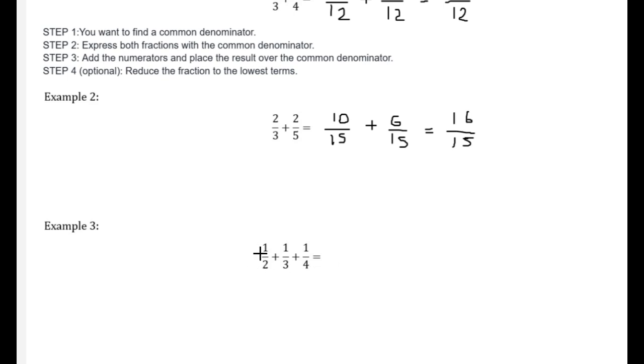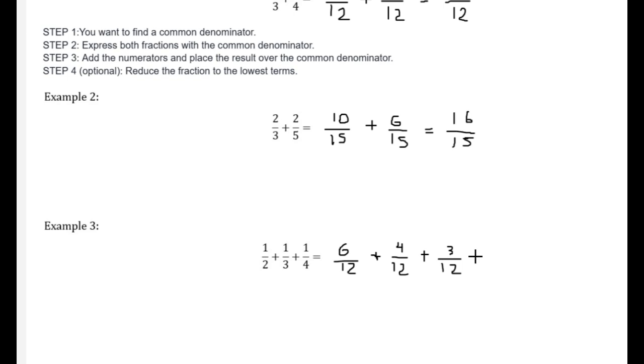So 1/2 becomes 6 over 12, 1/3 becomes 4/12ths, and 1/4 becomes 3/12ths.